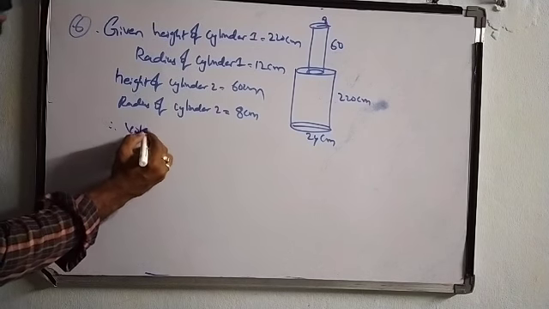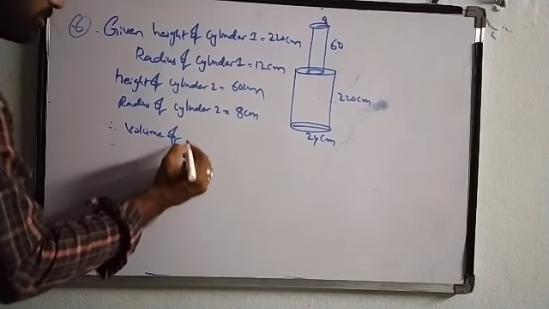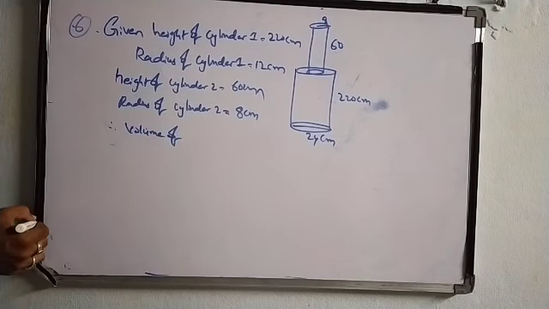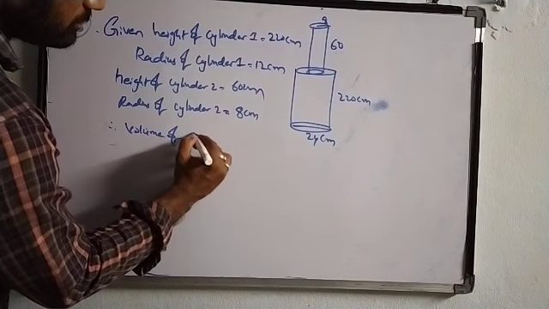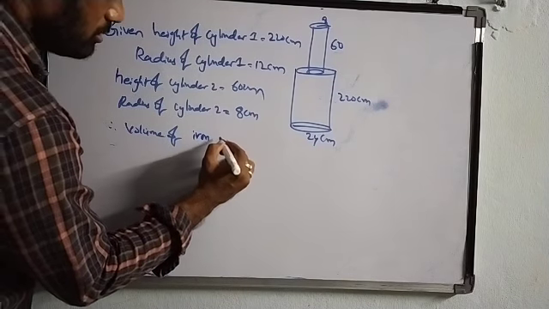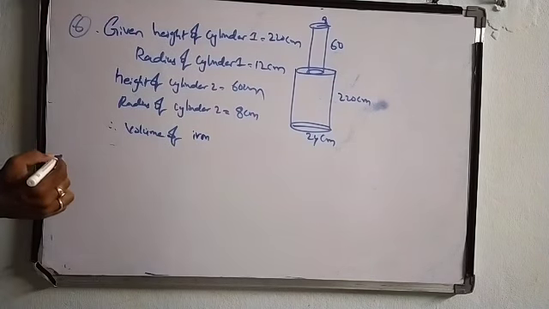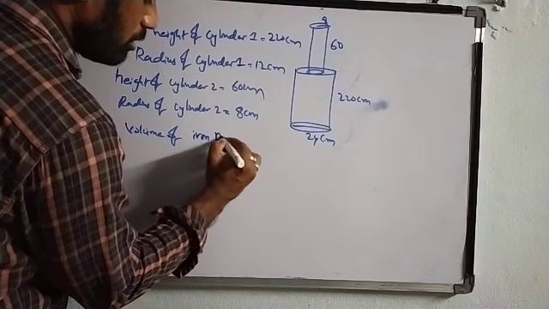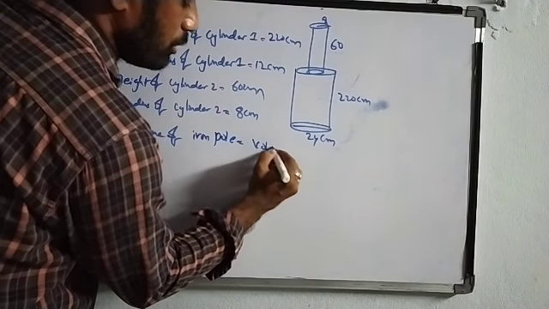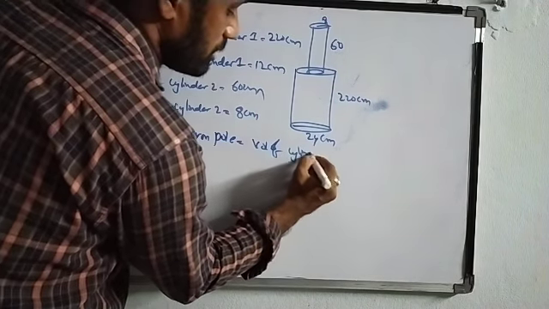So volume of iron pole is equal to volume of cylinder 1 plus volume of cylinder 2.